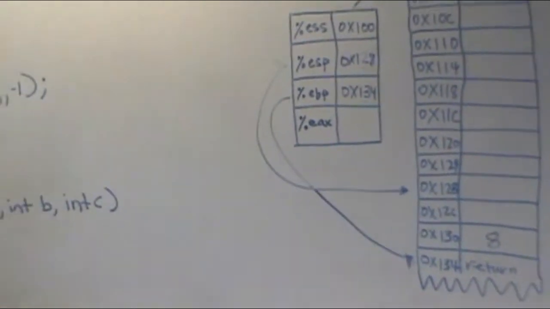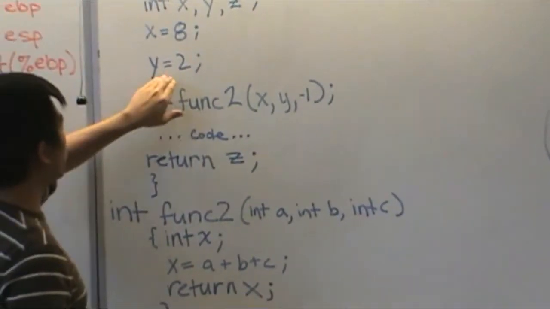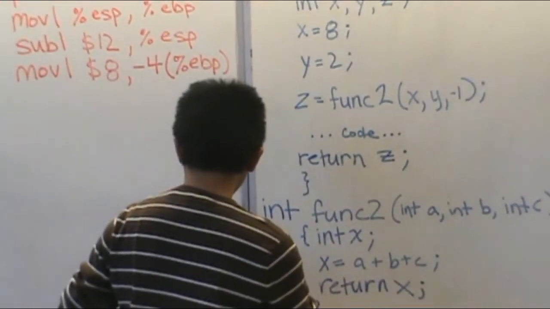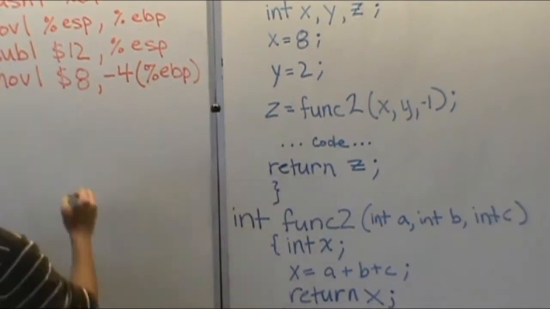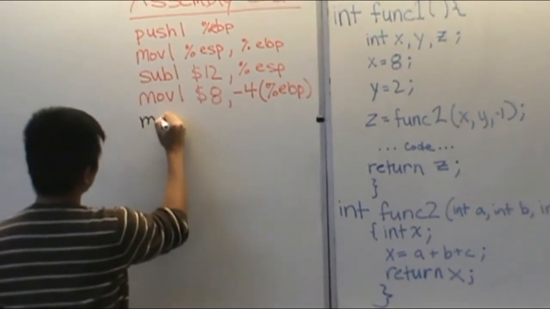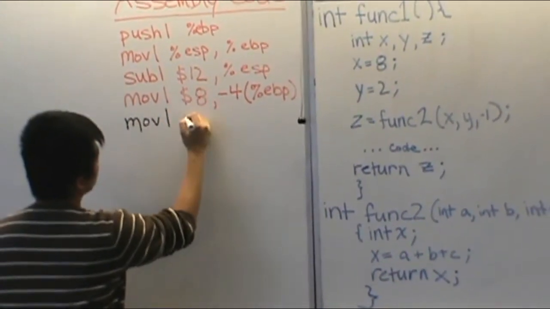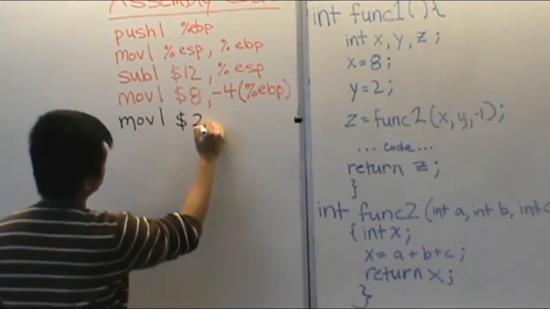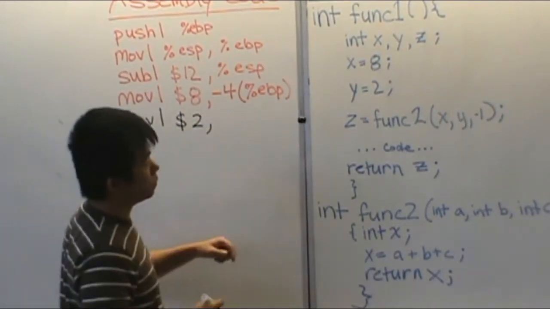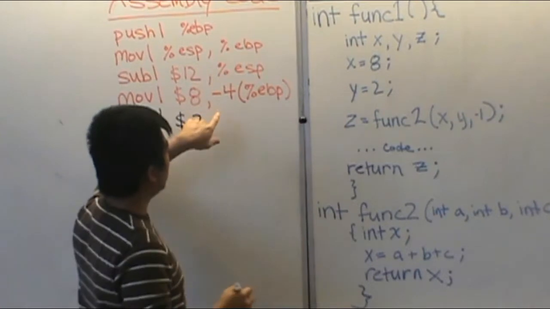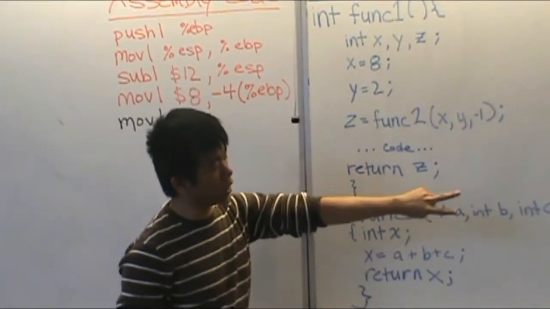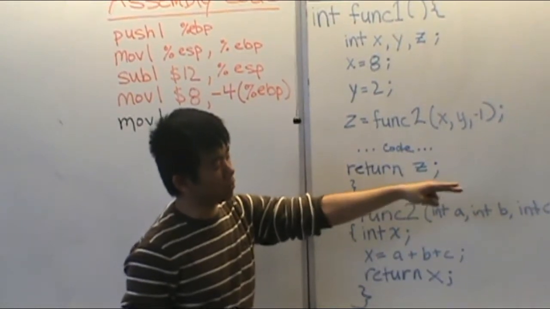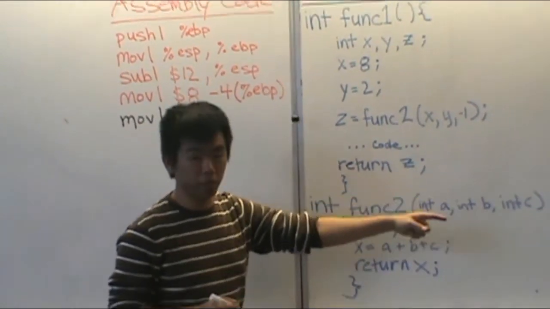Next, y equals 2. So we do the same thing that we did to x, which is movl $2. And this time we have to do it by -8 because y is 8 bytes offset from where EBP is.